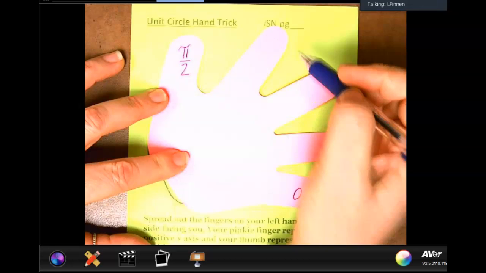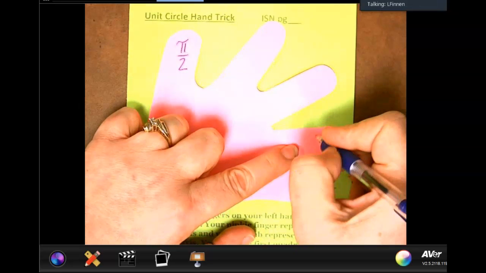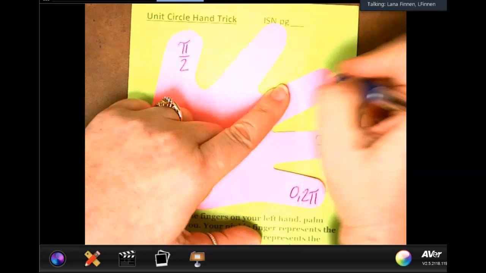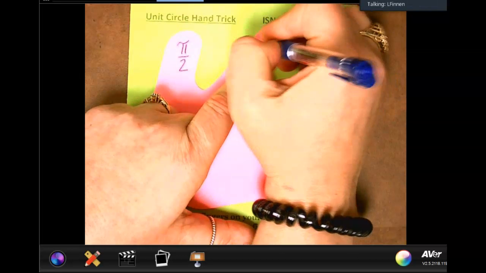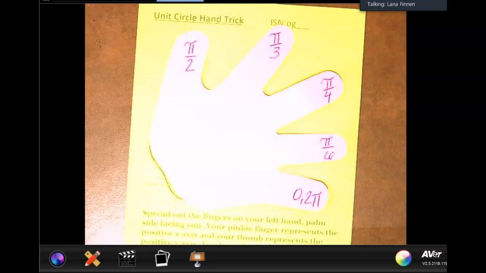Then my 3 special angles would be pi sixths, pi fourths, pi thirds. So this is going to be a really helpful tool in remembering your first quadrant values. And like I said before, once you got your first quadrant down, you got everything down because you just have to use the quadrants then.